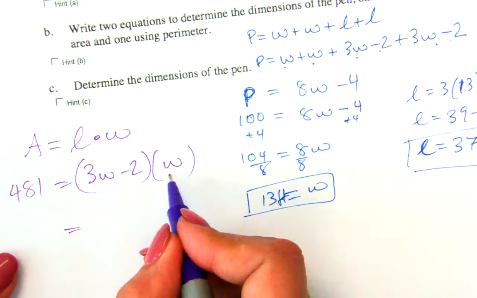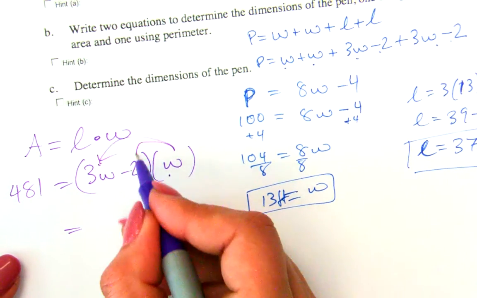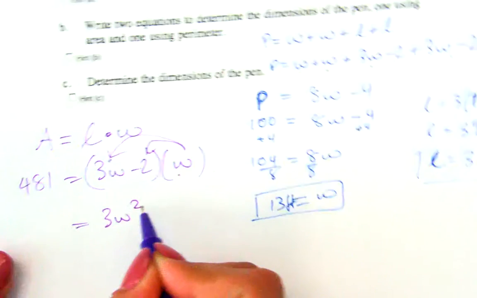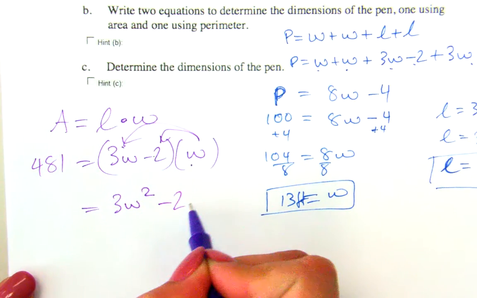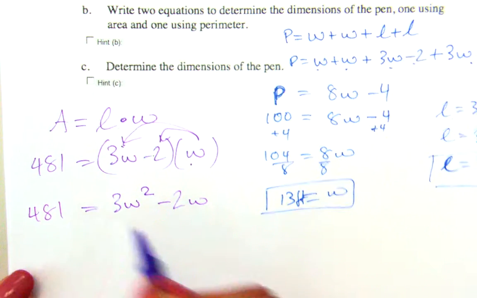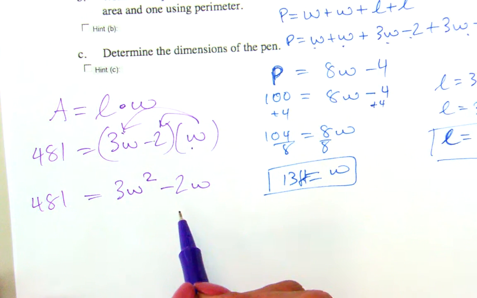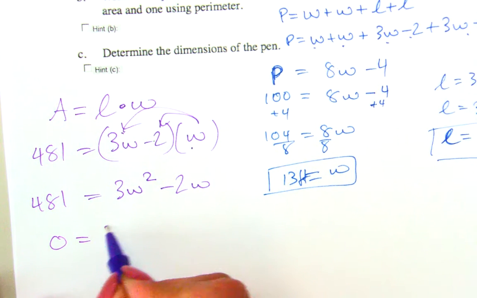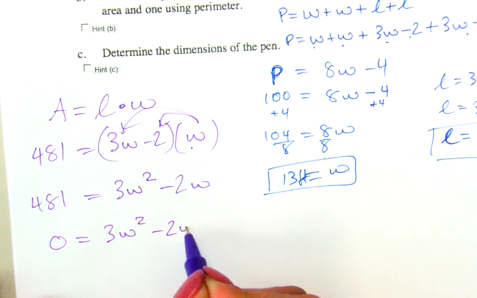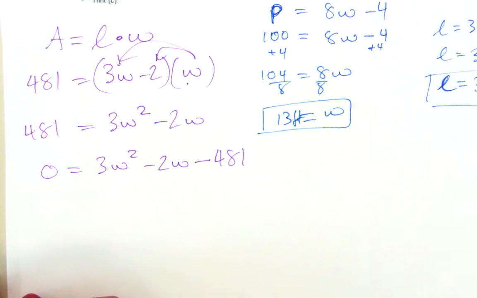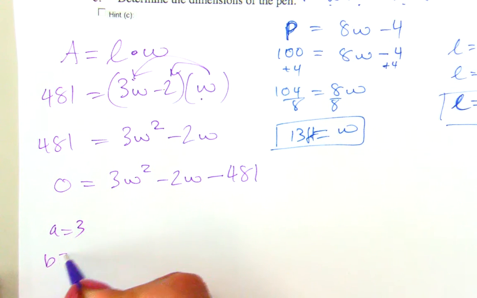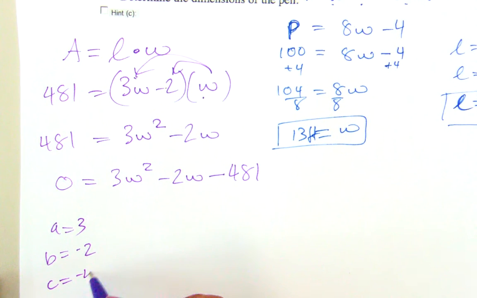Okay, so you have w times 3w, w times negative 2, so 3w squared minus 2w equals 481. That's a quadratic, because it's w squared. So you have 0 equals 3w squared minus 2w minus 481. And, oh boy. In order to solve this, a equals 3, b equals negative 2, c equals negative 481.